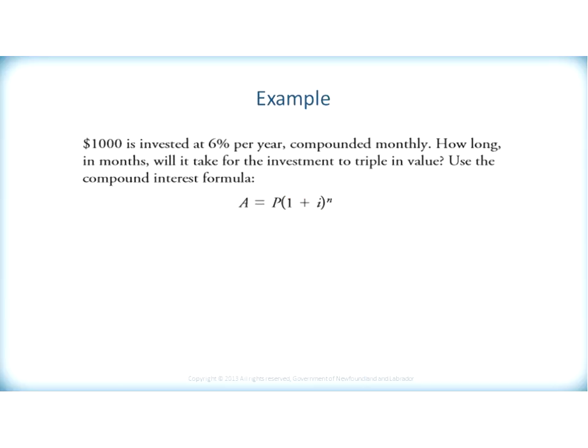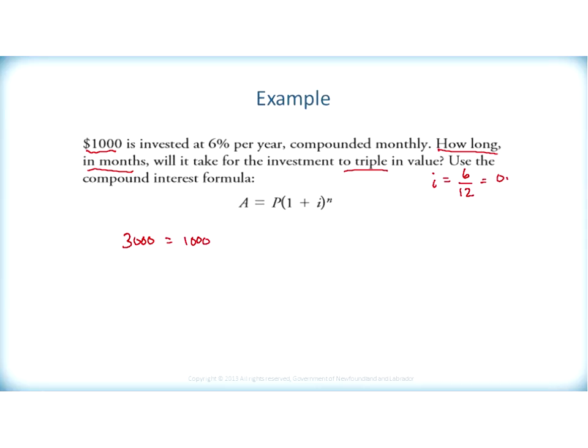So we have $1,000 invested at 6% per year, compounded monthly. Once again, how long in months will it take for the investment to triple in value? So if the initial investment, the principal, is 1,000, and we want to know when it triples, that means it's going to be 3,000 equal to 1,000. Now for us, i is going to equal 6% divided by 12, since there are 12 compounding periods for monthly.